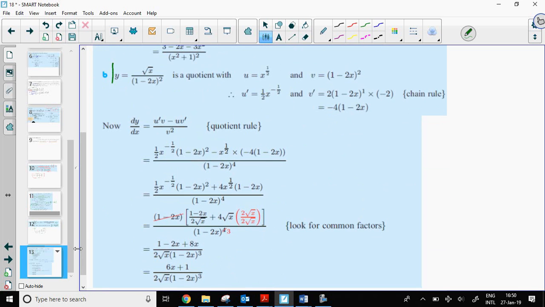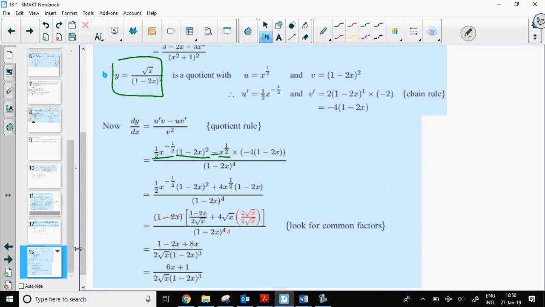Again, a quotient, low d high. So I've got low. The derivative of x to the 1/2 is going to be 1/2 times x to the negative 1/2. So that's low, d high, minus high, which is x to the 1/2, d low.